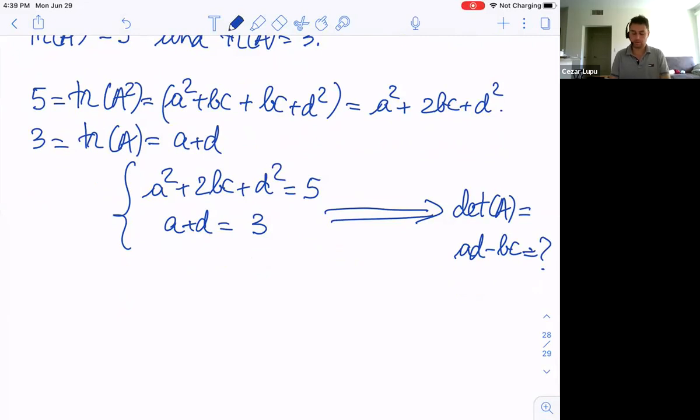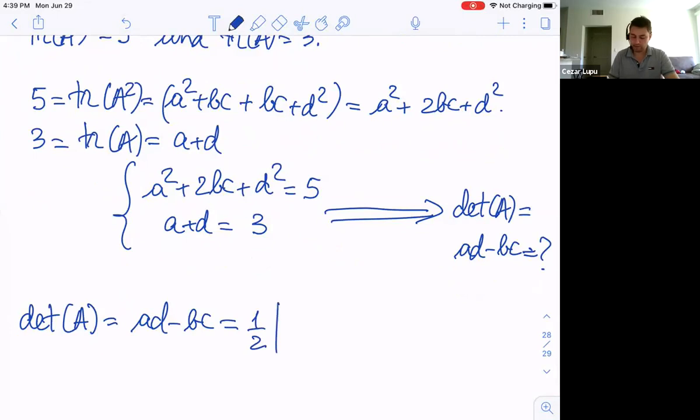So let's do something. The determinant of A is AD minus BC. So that's the definition. And now I have to write it in terms of that A squared plus D squared, and I also have BC there. So we can do the following trick. It's a computational trick.